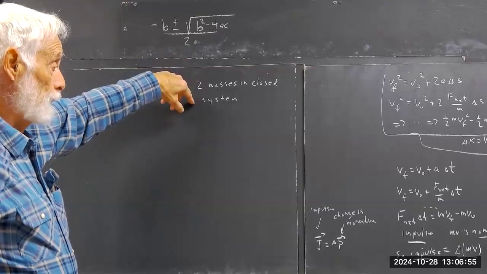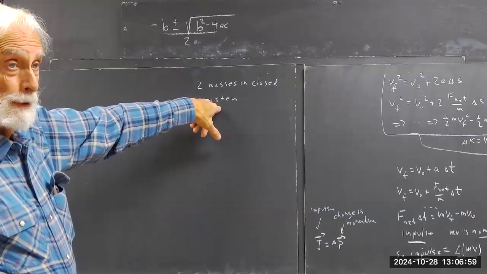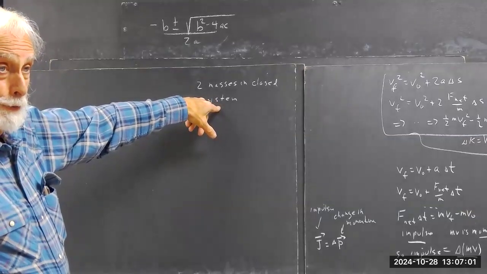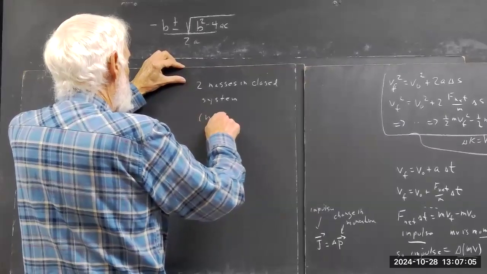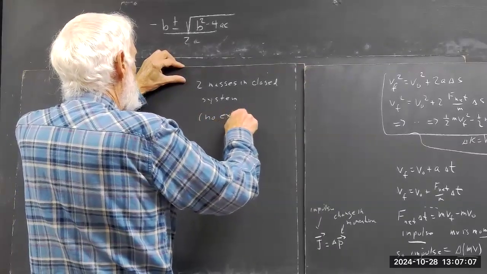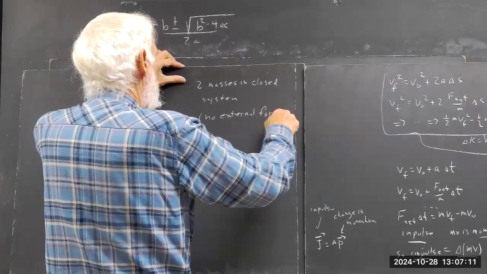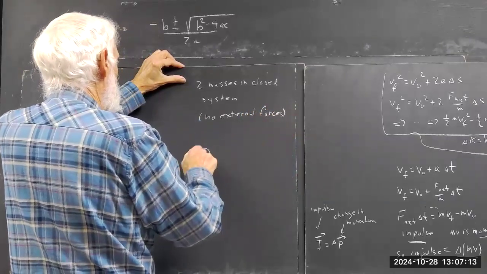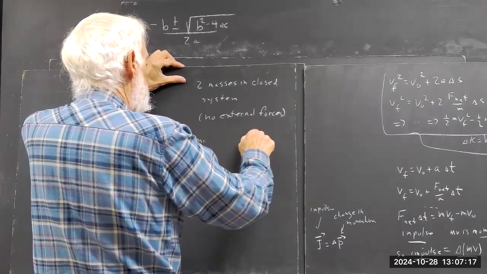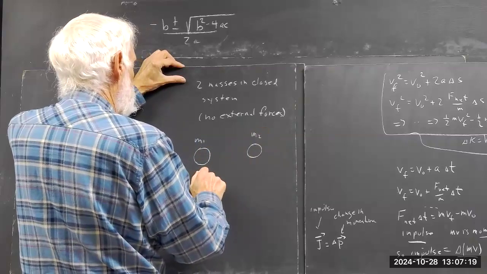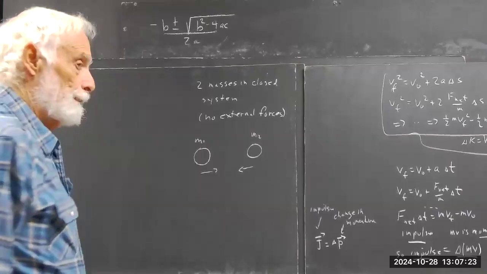Two masses in a closed system, meaning again, no external forces. I'm just going to write that, and you can read and work that out. Let's say we've got M1 and M2, and they're on a collision course.